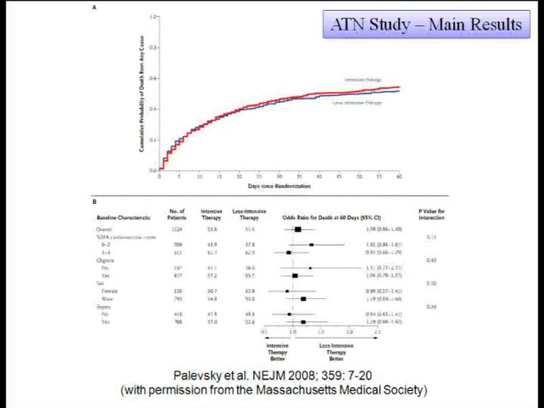As you can see, for mortality, there was no difference between the 2 groups. When you look at a variety of subsets according to severity of cardiovascular dysfunction, gender, the presence or absence of oliguria, the SOFA cardiovascular score as a marker of hemodynamic instability, no difference. This is a negative study, as negative as it gets. So there's no evidence that going to a higher dose makes a difference.